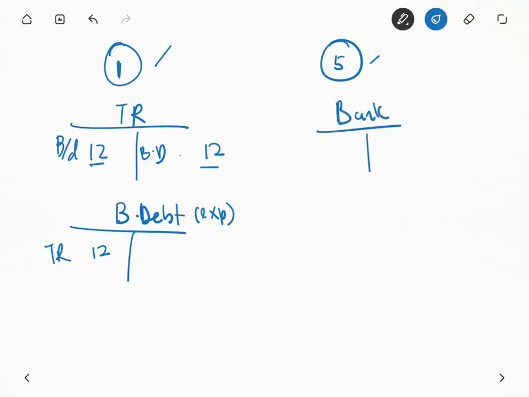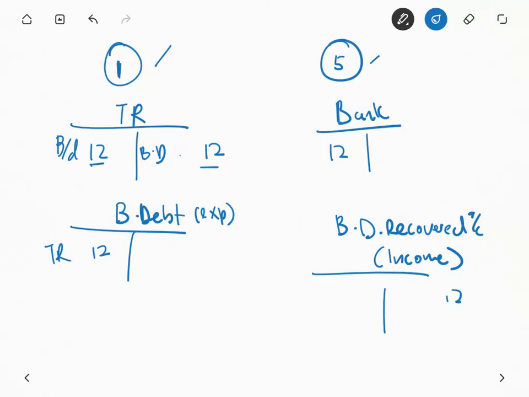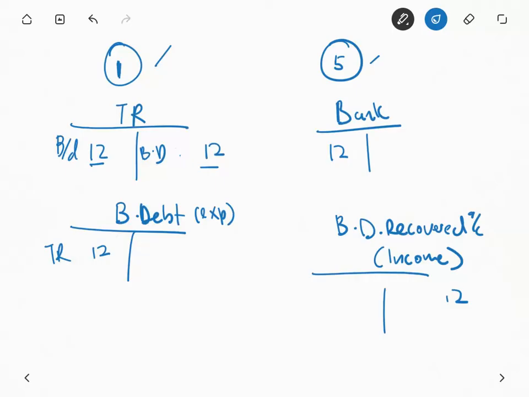So you debit 12,000. You can credit that recovered account, and this is an income account. Just like your sales, credit side. Other income. Debit bank, credit bad debt recovered.